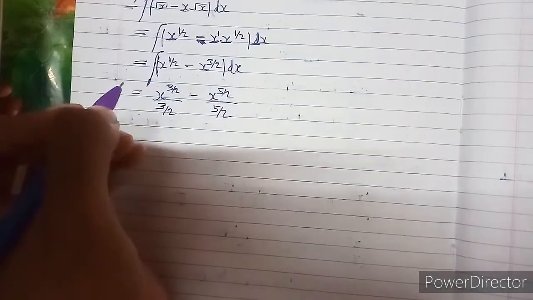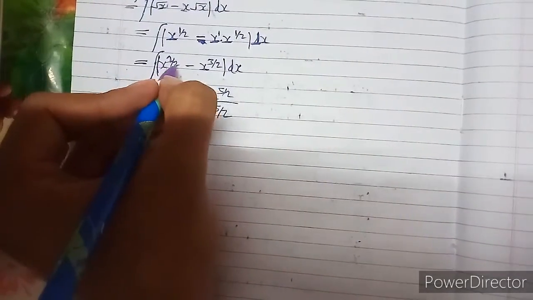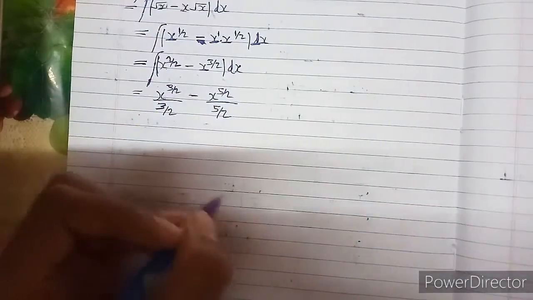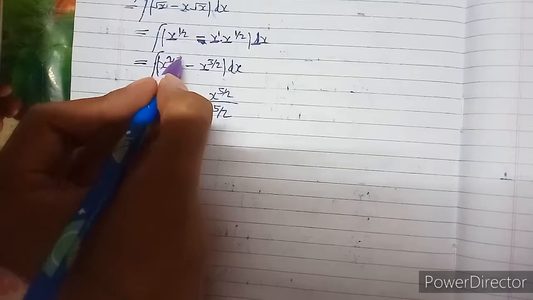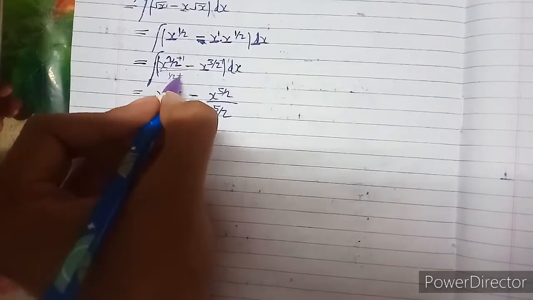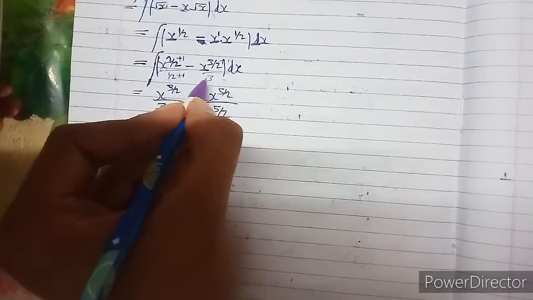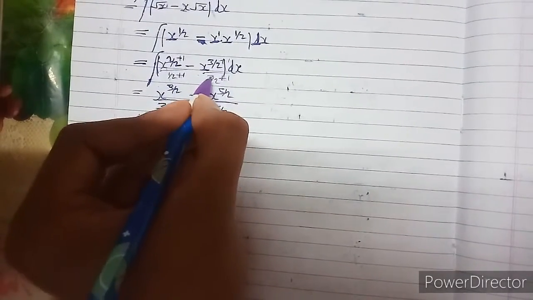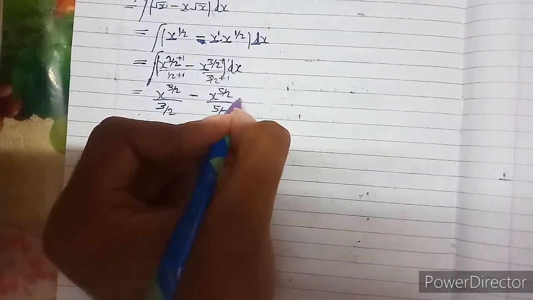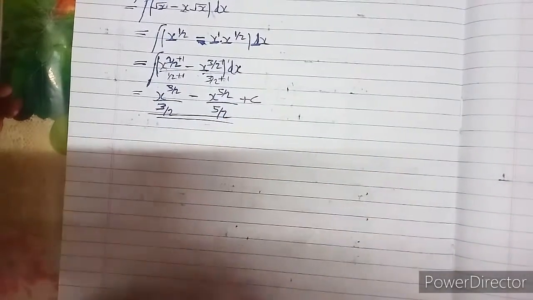So you can also do each and every step. As you are a beginner, you have to just add 1 here and 1 here, and the same thing you have to write in the denominator. That's the whole thing for integration. So this is our answer.